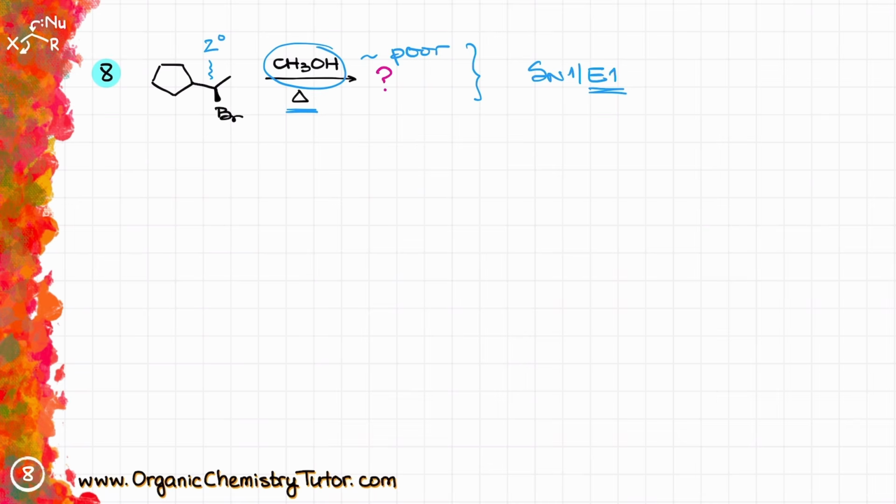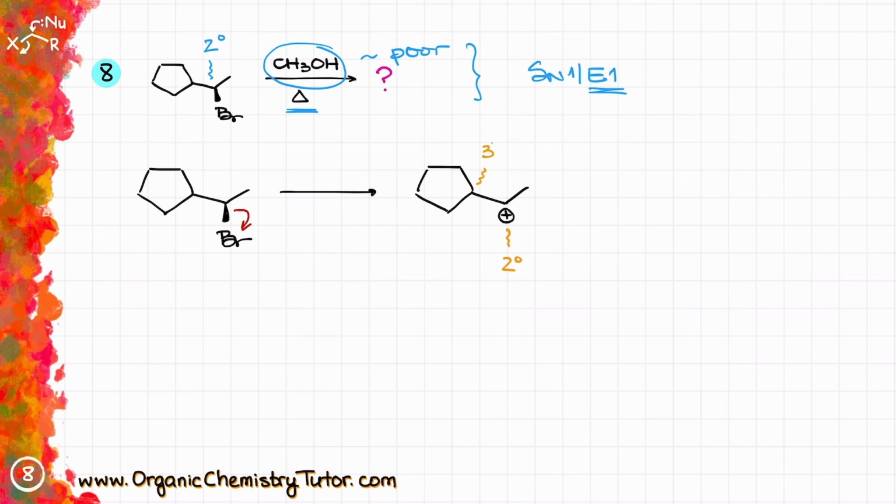So mechanistically speaking, I will, as per usual, redraw my starting material and start with the leaving group dissociation like any unimolecular reaction would start, which gives me a corresponding carbocation. Now, this carbocation is secondary, and right next to it we have a tertiary position. So again, that means we are likely to have some sort of carbocation rearrangement. In this case, we have two possibilities.